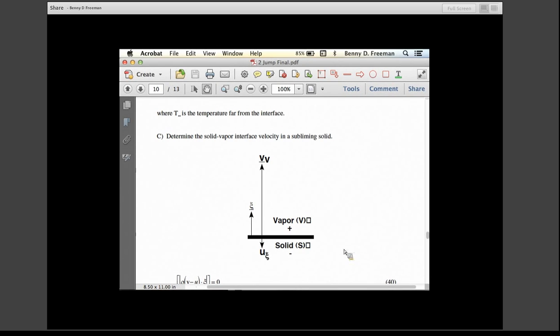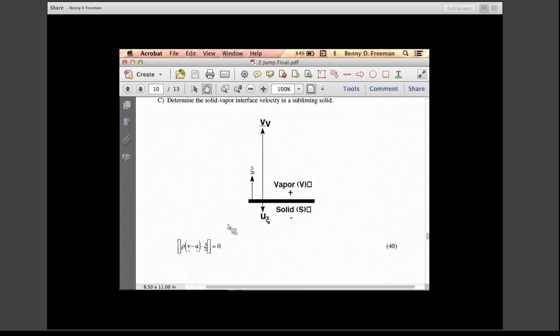So if you imagine a piece of dry ice sitting on a table, the dry carbon dioxide converts directly to a gas phase and is transported away from that surface. And so we might ask, what is the net rate of the interfacial velocity? What is the velocity of the gas away from the solid vapor surface? And we can relate those values to one another through jump mass balance.